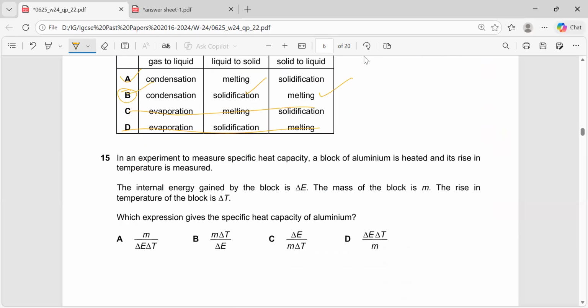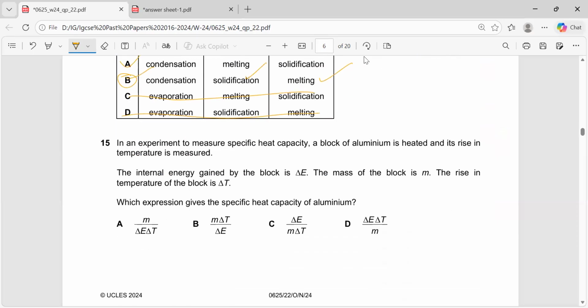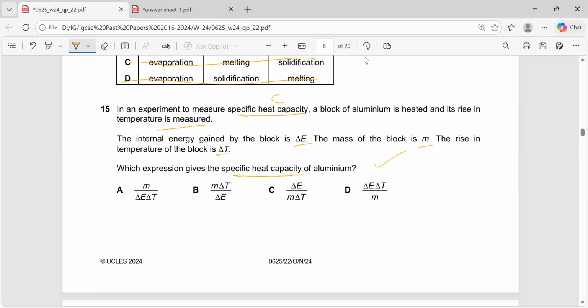Let's go to question number 15. In an experiment to measure the specific heat capacity C, a block of aluminium is heated and its rise in temperature is measured. The internal energy gained by the block is delta E, the mass of the block is M, and the rise in temperature is delta T. Which expression gives the specific heat capacity of aluminium? Dear friends, very simple. delta E is equal to M C delta T, if you remember.